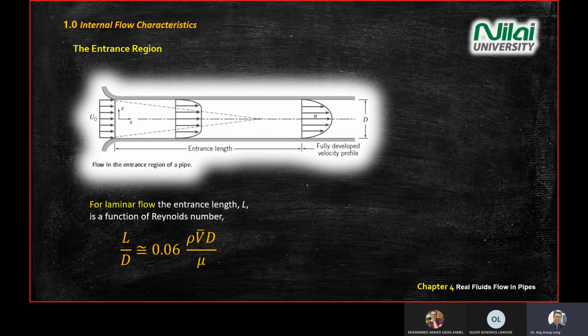So if the number is less than 2300, you are having laminar flow. Another case, if you are given the L and D ratio, meaning the entrance length and the diameter of the pipe, you're able to calculate the ratio. From the ratio itself, you're able to see whether the number is 0.06 Reynolds number, then you are having laminar flow.